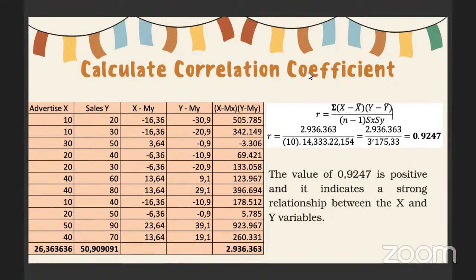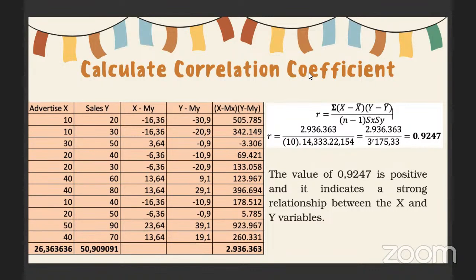It should be 10 minus 26.36. The value is minus 16.36. And next is y minus mean of y. For example, in the first row, 20 minus 50.90, it will be minus 30.9, and so on until the last value.